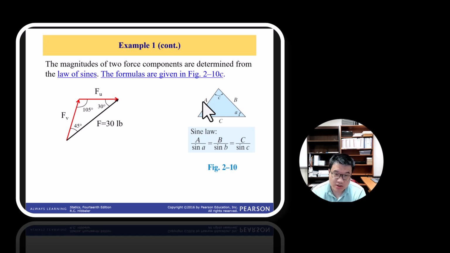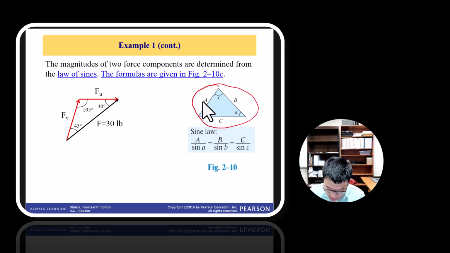Just to refresh your memory, for any given triangle, like the one shown on the right side, it has three sides, A, B, C, and three angles, shown in small letters. The sine law says A over sine A equals B over sine B equals C over sine C. By this sine law, we can solve for the magnitudes of Fv and Fu.